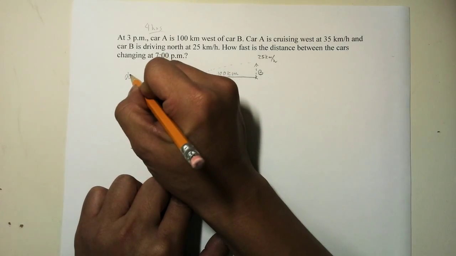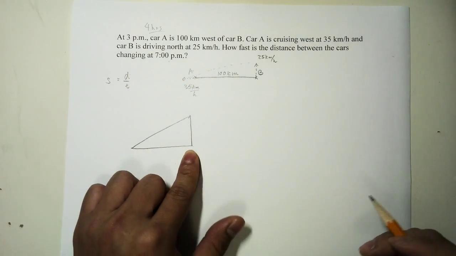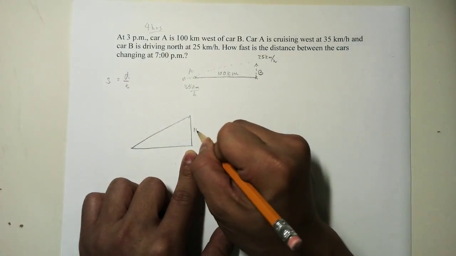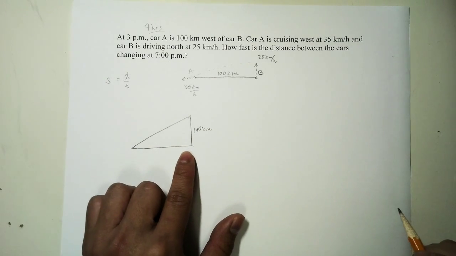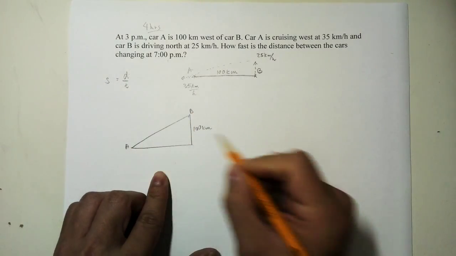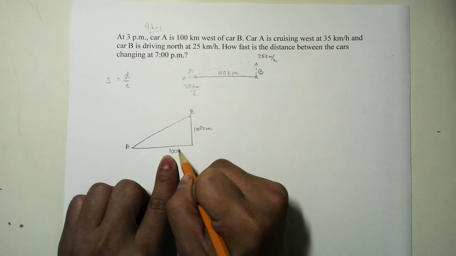So distance over time is equal to speed. So if you want to find distance, you multiply speed with time. So 25 times 4, this is 100 kilometers. Okay. And what about this distance? Okay, this is B, this is A. Now originally it was separated by 100 kilometers.